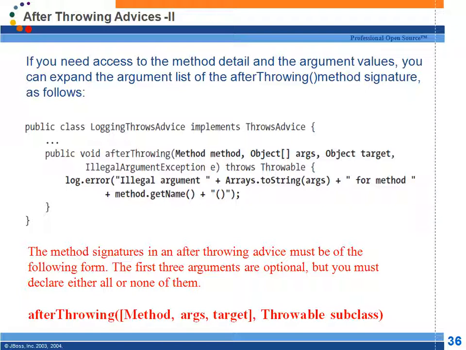See, the signature of the method should be like this: afterThrowing, whatever is kept inside the square brackets is optional, and this is mandatory, either Throwable or a subclass of Throwable. Suppose in this method you may want to access a method object to get the method name which raised this exception. You can take this method parameter as optional. So these three are optional, and this is the mandatory one in afterThrowing.